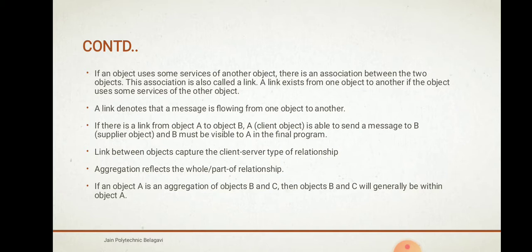Aggregation reflects the part-of relationship. Suppose an object A is an aggregation of objects B and C. Then objects B and C will generally be within object A, because B and C together form object A.